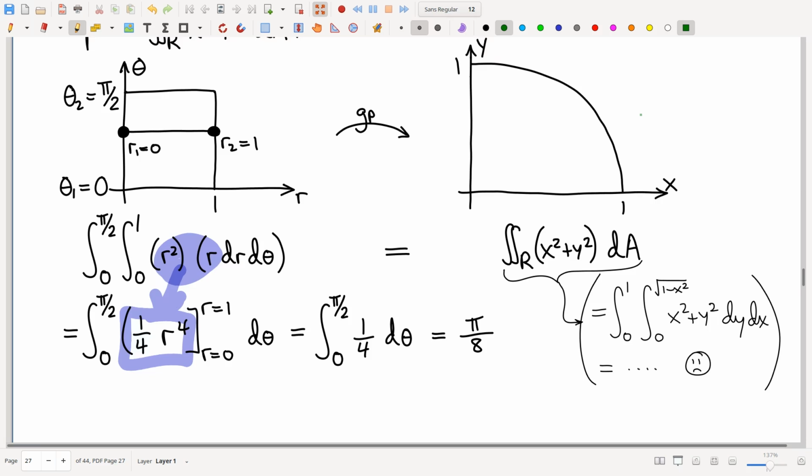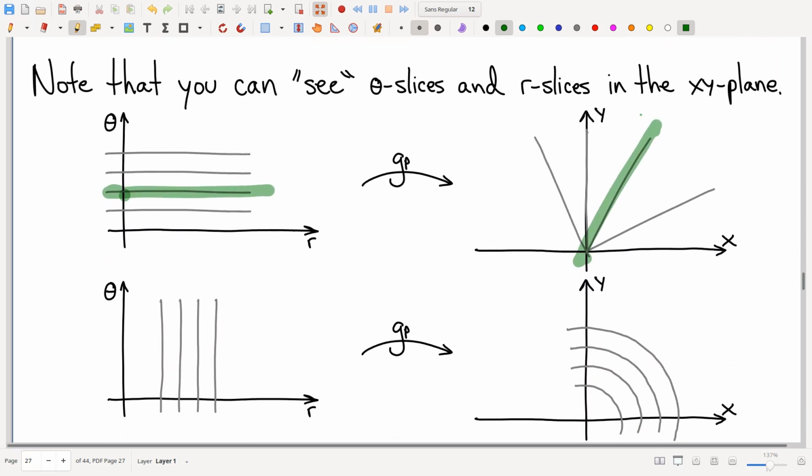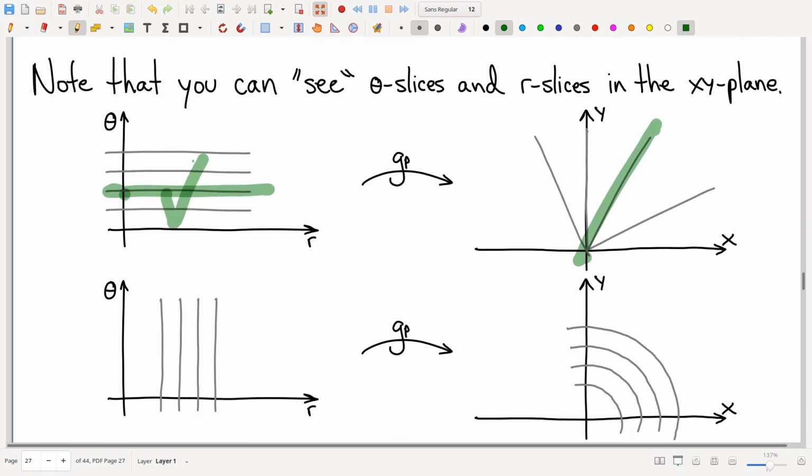So the cool observation I'm making down here is that this process of slicing that you do in the r theta world, you could totally do that in xy world itself just by knowing what the slices look like. And this is what theta slices look like right here. Right, they're just little rays emanating out of the origin, and so on.